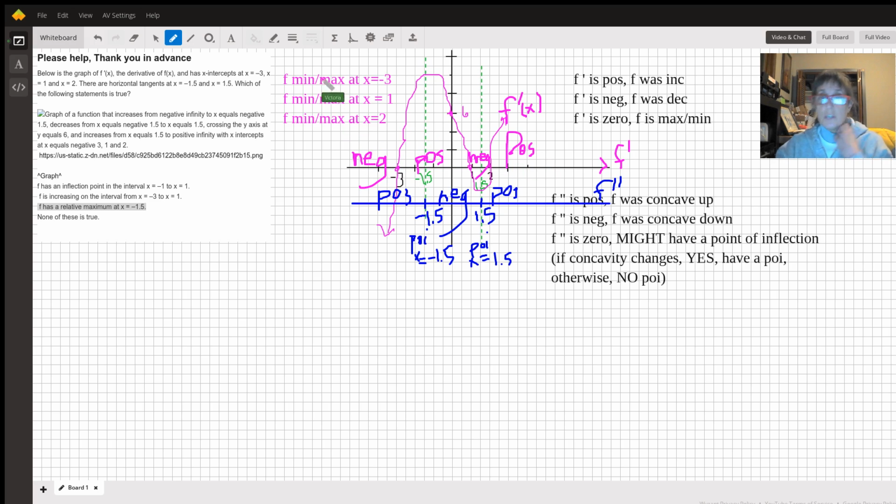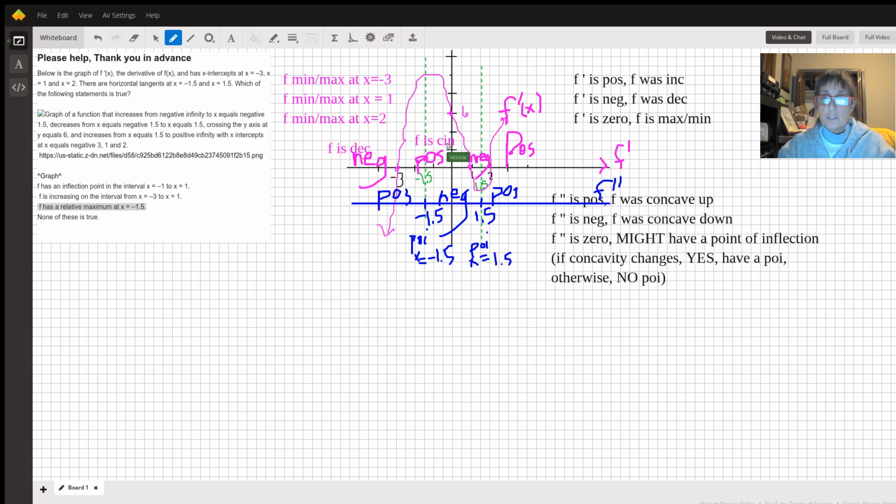So what this tells us is that the original, this piece right here, tells us that f is decreasing until negative 3 because the derivative is negative. It tells us right in this space that the original function is increasing because the derivative is positive.